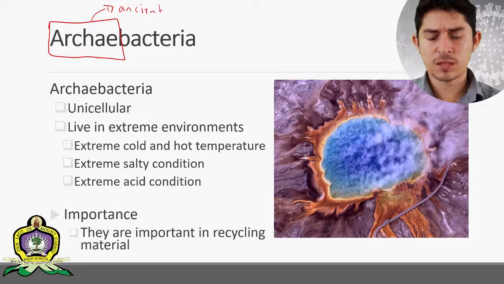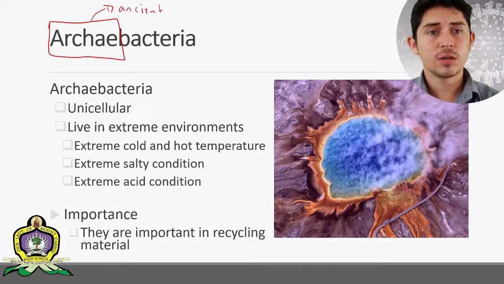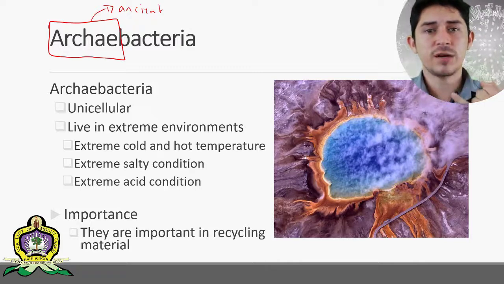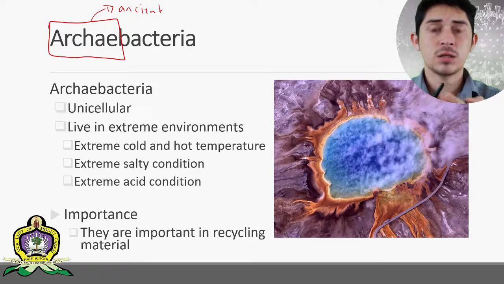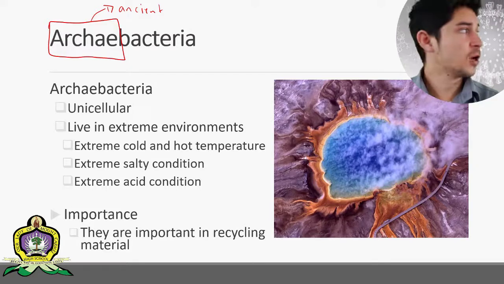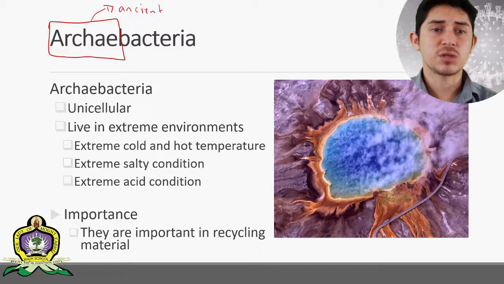So ancient bacteria are referred to as archaebacteria. Normally, these bacteria live in extreme conditions. By extreme conditions, I mean where there's a lot of acid, where there's a lot of salt, where temperatures are extremely cold and temperatures are extremely hot. So this kingdom of life, archaebacteria, is known to live in extreme conditions.